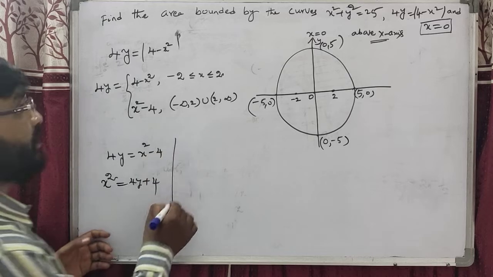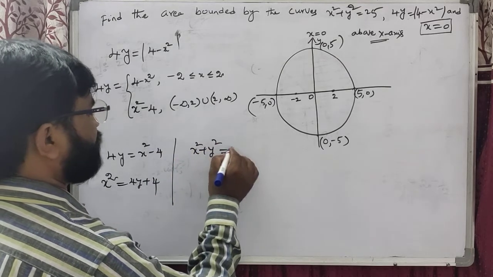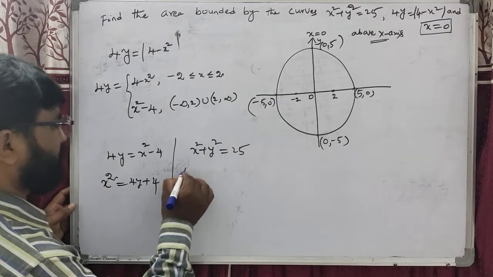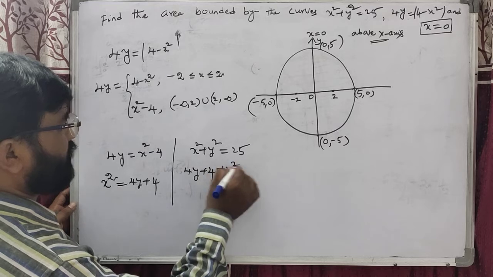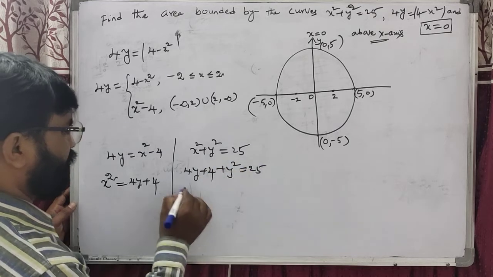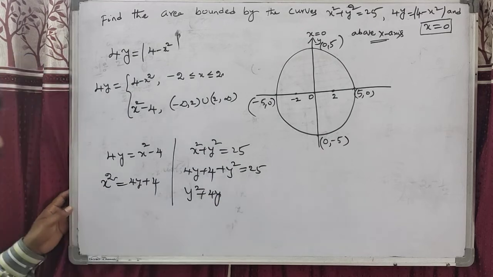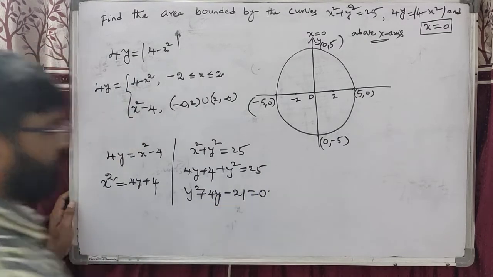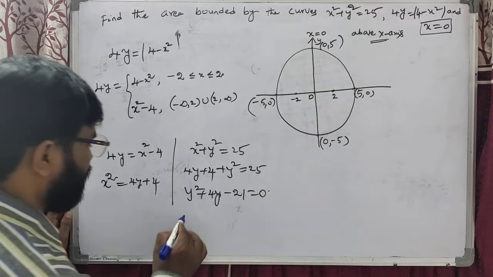The circle is x square plus y square equal to 25, students. Now x square is 4y plus 4, plus y square equal to 25. The y square plus 4y, dear students, minus 21 equal to 0. How to write this, students? This is 7 times 3.